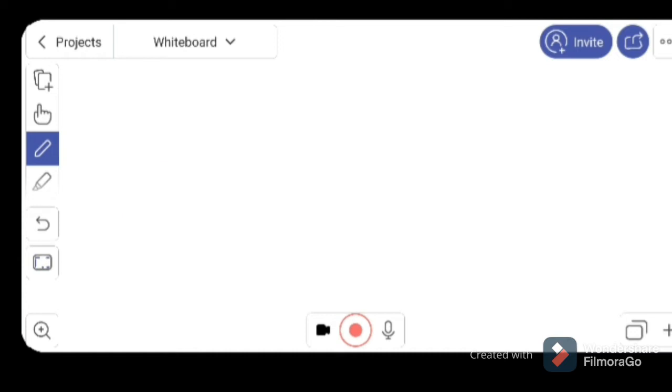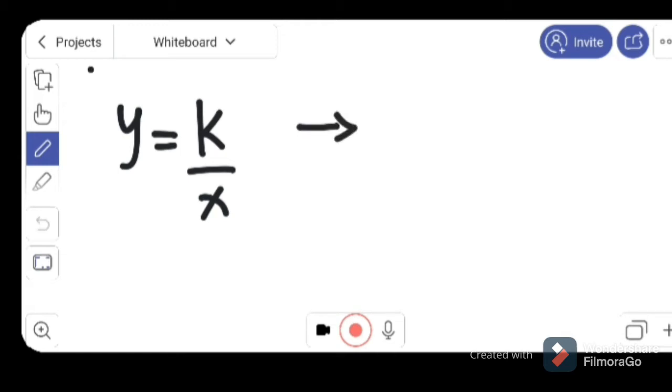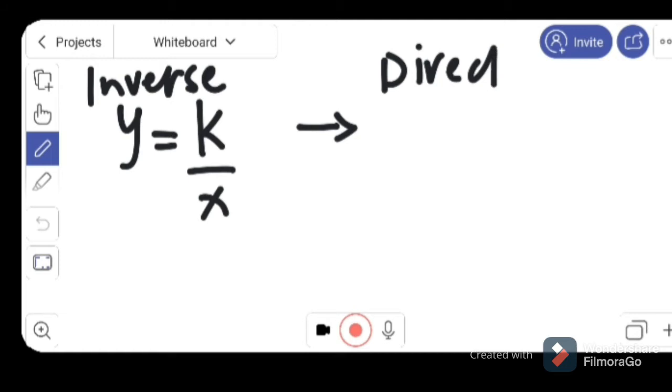Now, let's look at inverse variation. We have the symbol y is equal to k over x. How did we get this? This is inverse variation and this is direct variation. From direct variation, we have y is equal to kx. And for inverse variation, it will be inversely proportional to x.